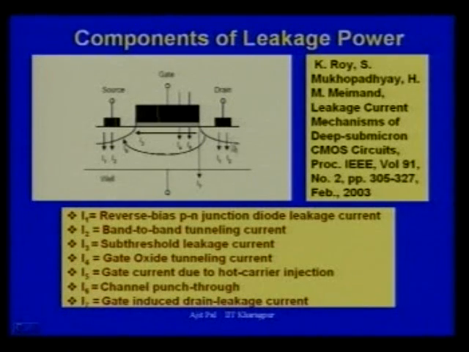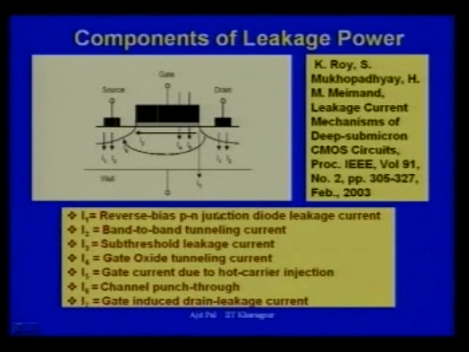Another phenomenon that is happening is known as band to band tunneling current. Because of the smaller dimension of the device, the electrons of the valence band of the P region will move to the conduction band of the N region because of the electric field, due to the voltage drop across these diode junctions.